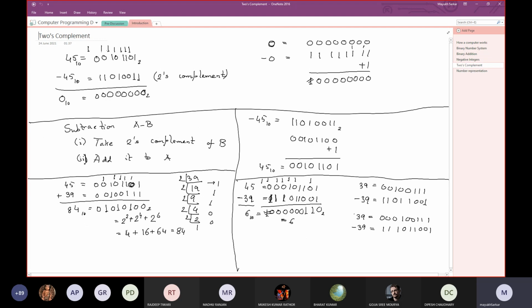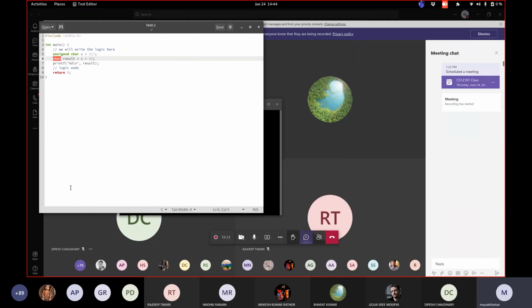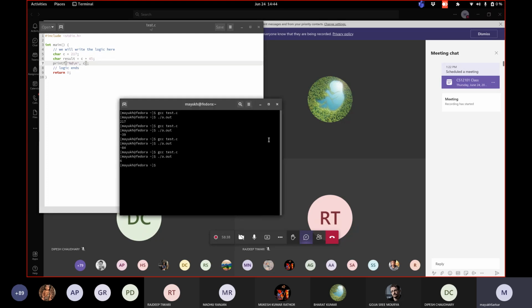You are absolutely right here. Let me show that. Suppose I do not write the unsigned and simply print C. I'm not printing the result; this addition result is going to be discarded, and yes, you will see minus 39.